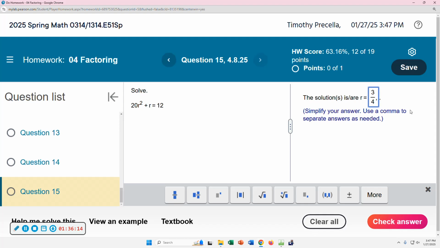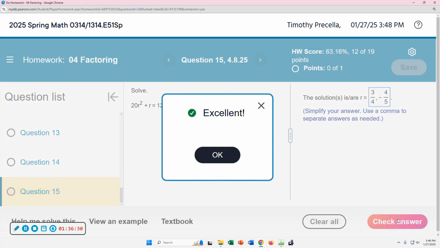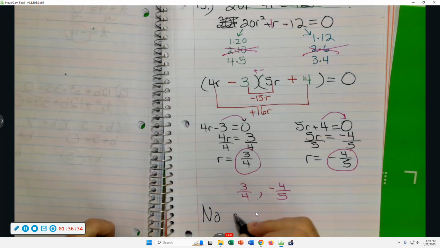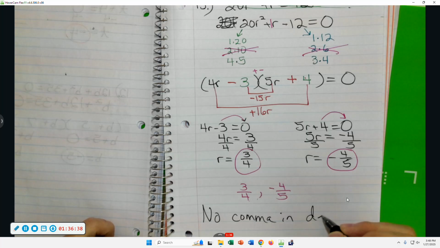With the cut point method, you go through all this long stuff before you get down to the answer, and to go through all that work and then get it wrong because you put the comma in the wrong place, do not put the comma in the denominator. Let me write that down. No comma in denominators.